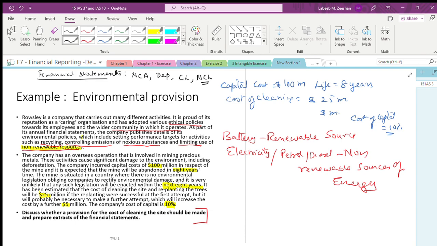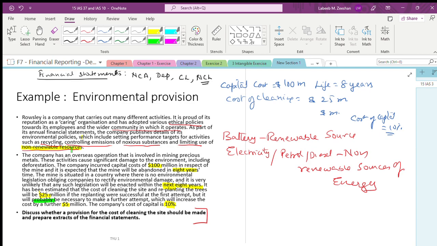Fine. Now, what they say is that the cost of cleaning is 25 million, and if replanting was successful at the first attempt, but it will probably be necessary to make a further attempt, probably the most best estimate. Okay, this is it. You have to catch the words.